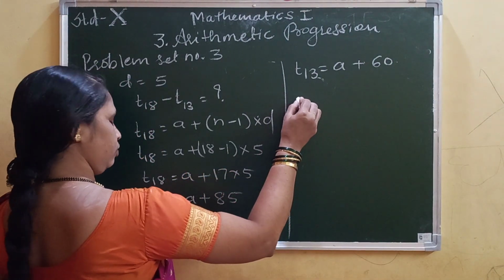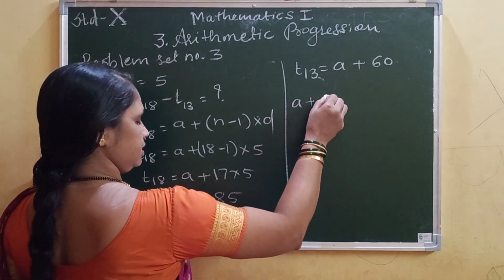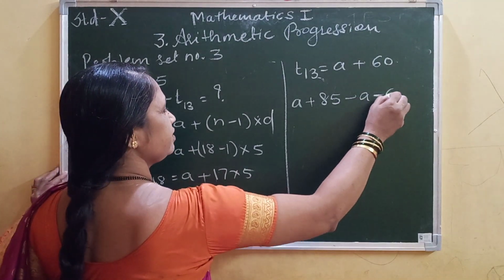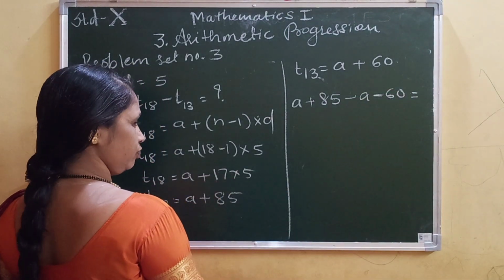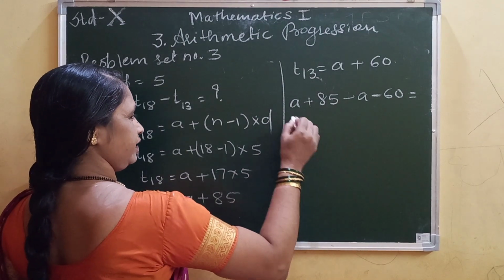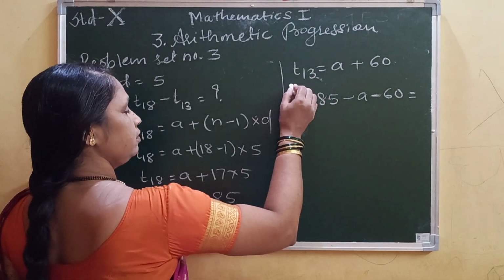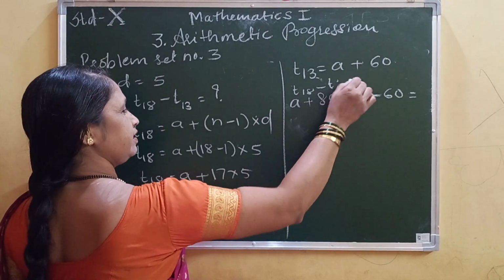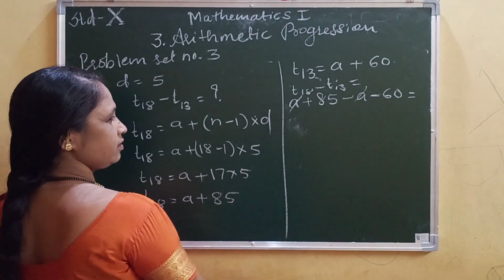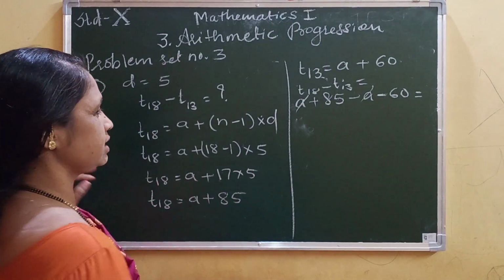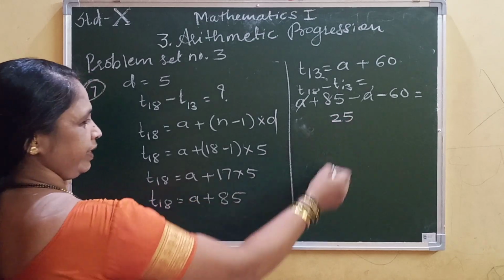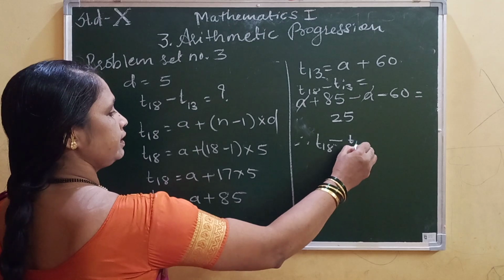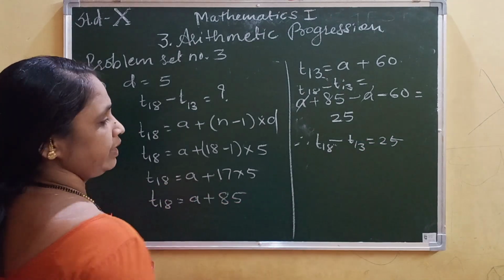So T18 minus T13 is A plus 85 minus A minus 60. The A's cancel. 85 minus 60 is how much? 25. Therefore T18 minus T13 is equal to 25.